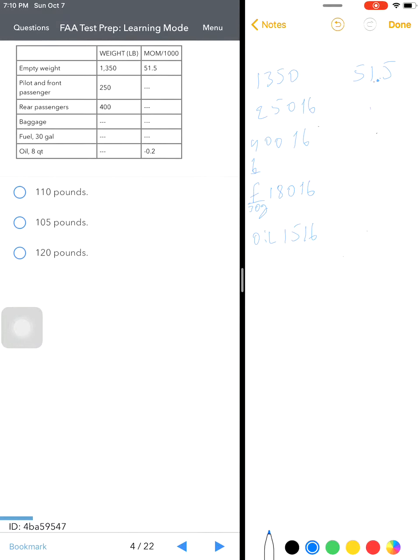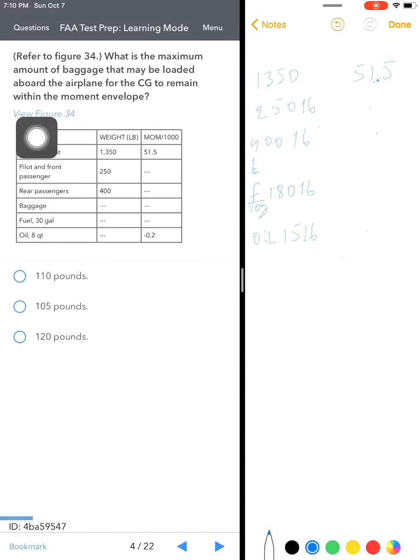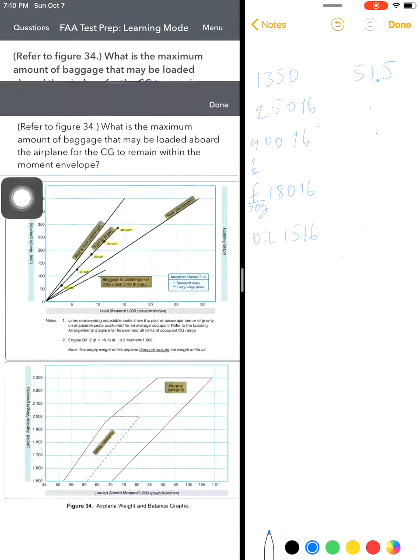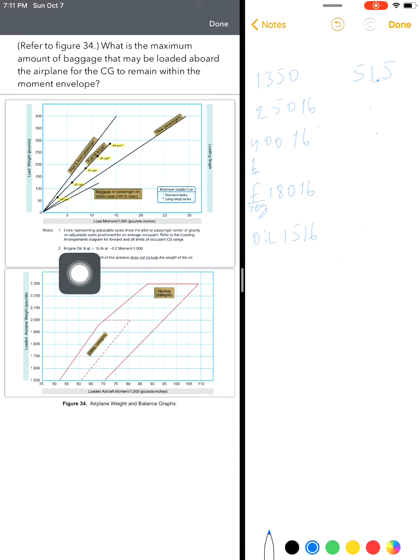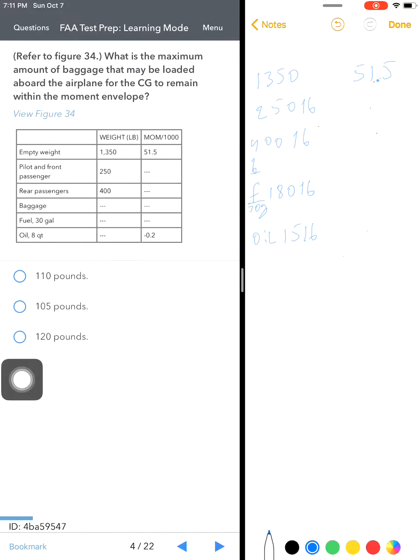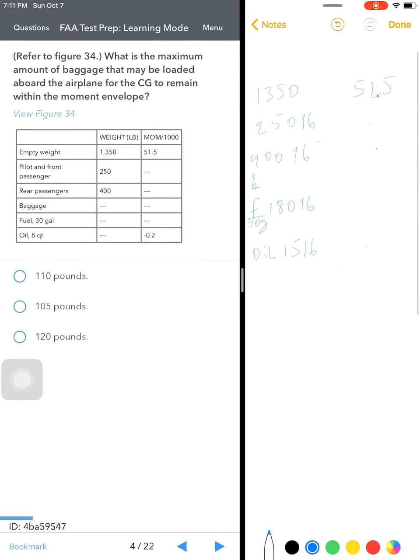If you go to this figure here, you can see right up here, engine oil, 8 quarts, 15 pounds, and -2 moment divided by thousands. So the moment is minus 0.2 in thousands. Now we know all these values.